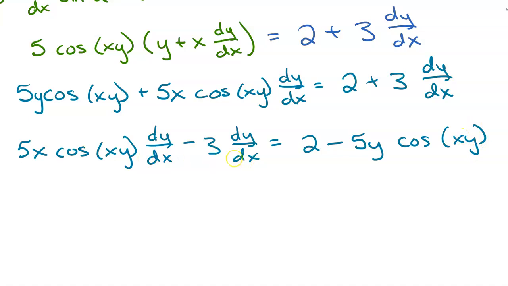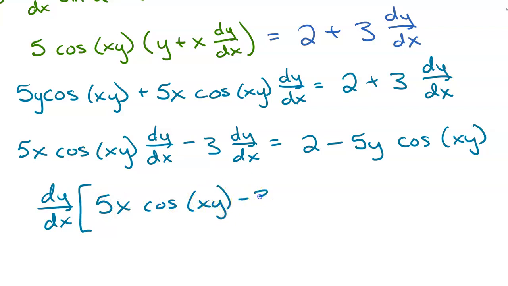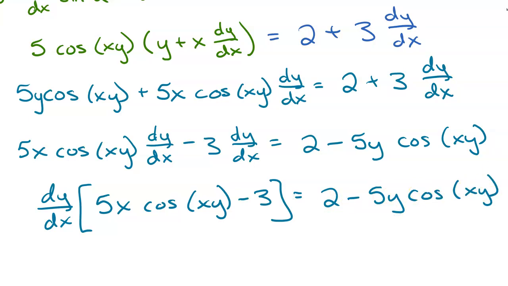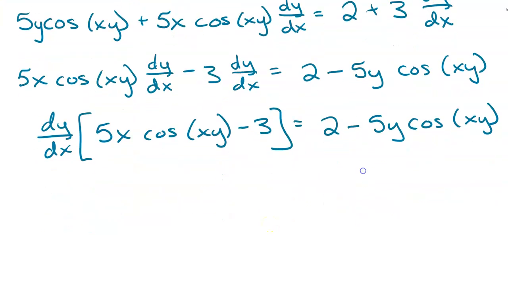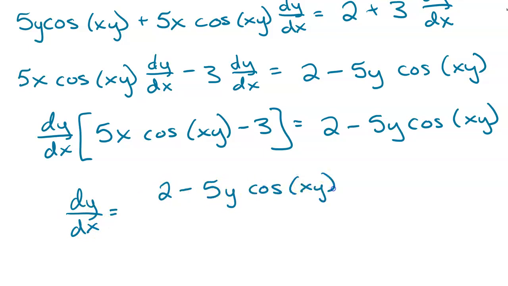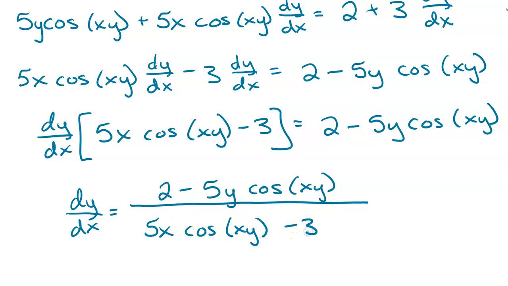Okay, so treat dy/dx as if it's a GCF and pull it out front. And at that point, we can just divide. So our dy/dx would be 2 minus 5y cosine xy all over 5x cosine of xy minus 3.